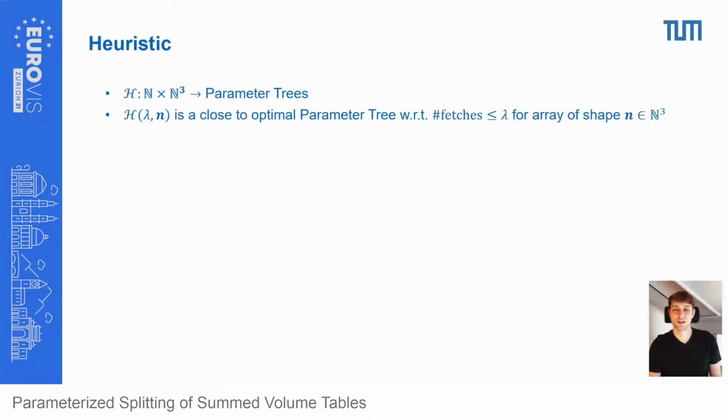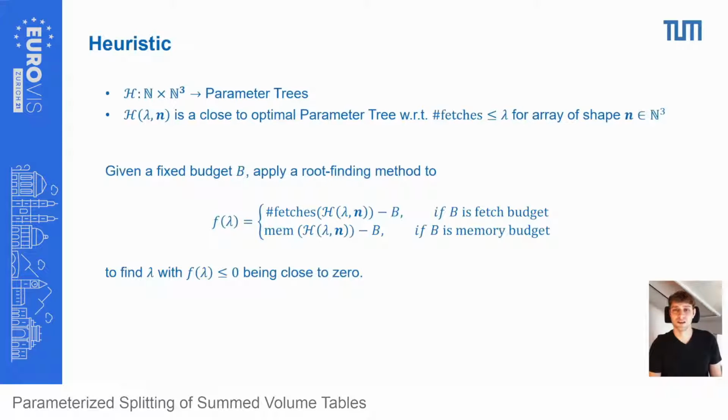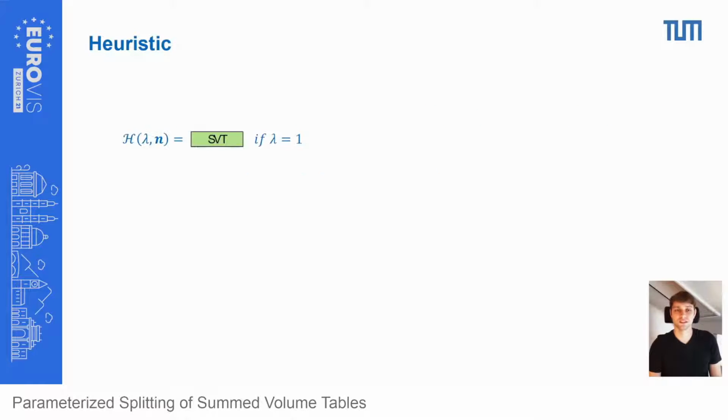If we have a fixed budget of either memory consumption or fetches, a suitable parameter tree can be found by applying a discrete root finding algorithm to the function that maps lambda to a value of how much the parameter tree returned by the heuristic over or undershoots our given budget. So let us have a look at the heuristic.